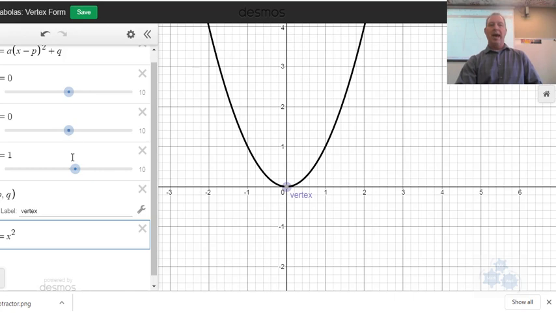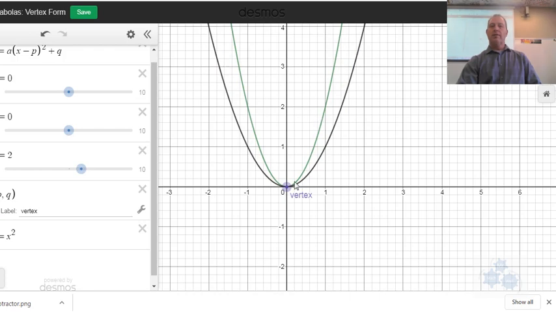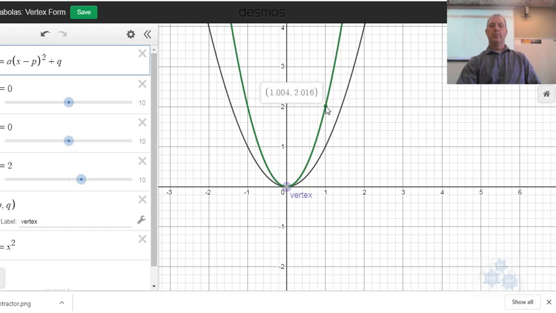So what happens if a is 2? Well, I'm going to put a to 2 here. And on this green graph, this is y equals 2x squared. And so the width is over 1, up 2. See that? 1, 2.